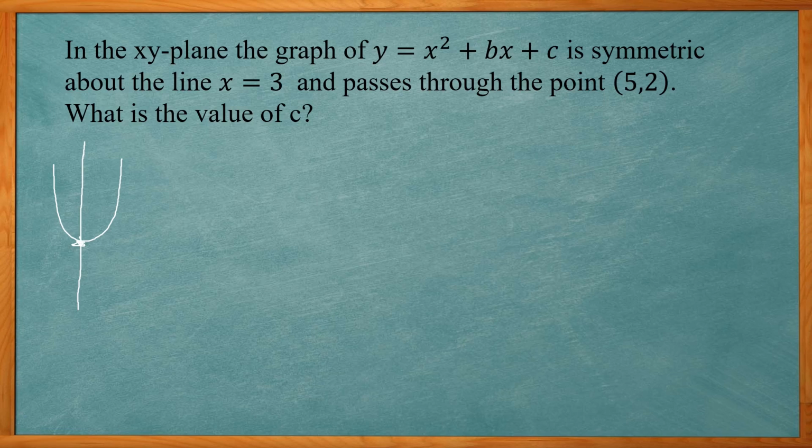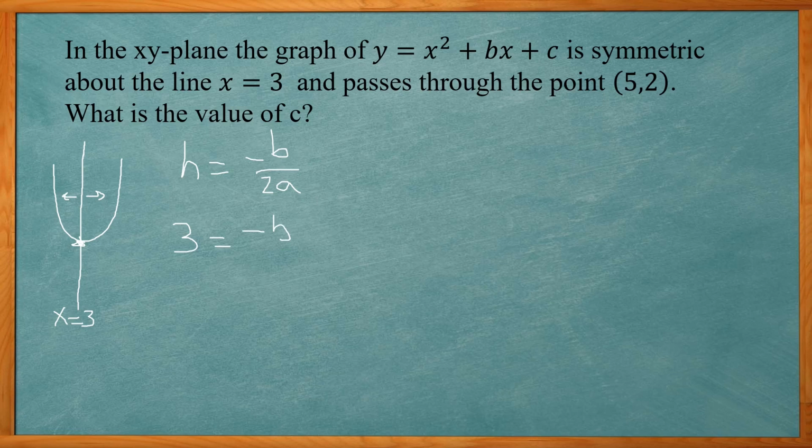So left side and the right side are going to be symmetrical. So that lines at x equals 3. So we know the x component of the vertex is going to be 3. Now to find the vertex, h comma k, the h is going to be negative b over 2a. And here we know that's the x coordinate, that's going to be equal to 3.